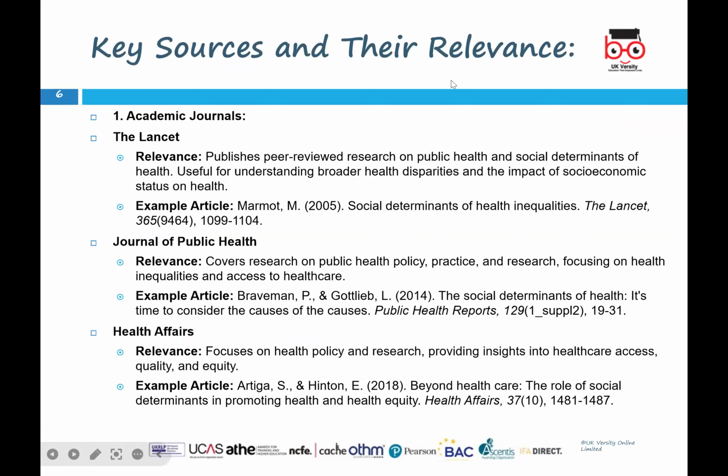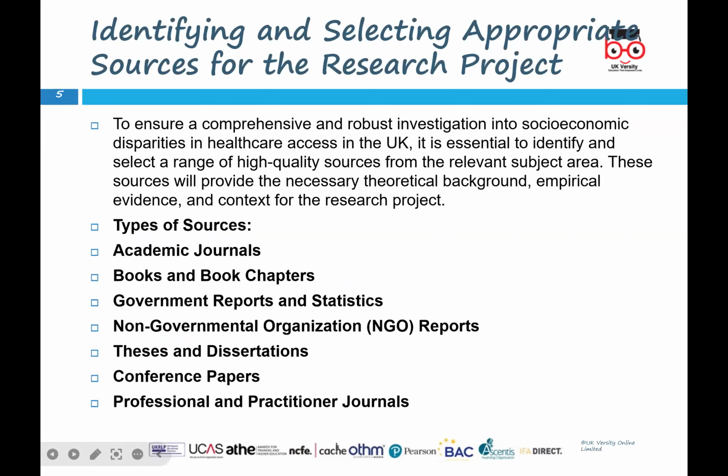So the first step is to identify what your area is, what you're working on. For instance, some colleague of yours mentioned working on dementia, on why dementia happens now in younger age groups compared to when it happened in older age groups. So how do you identify and select appropriate resources for your research project?